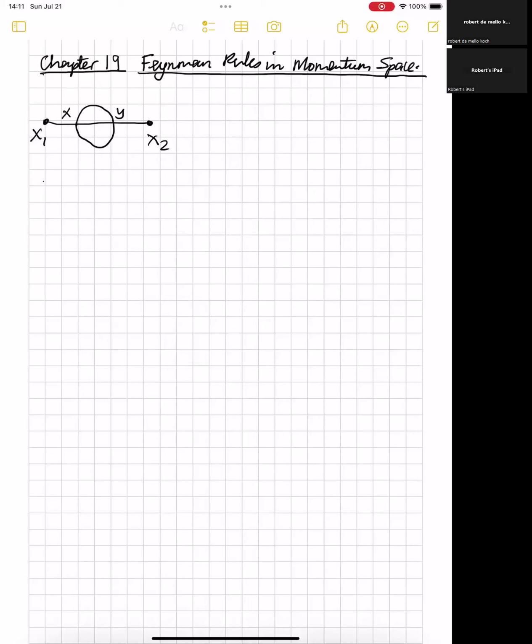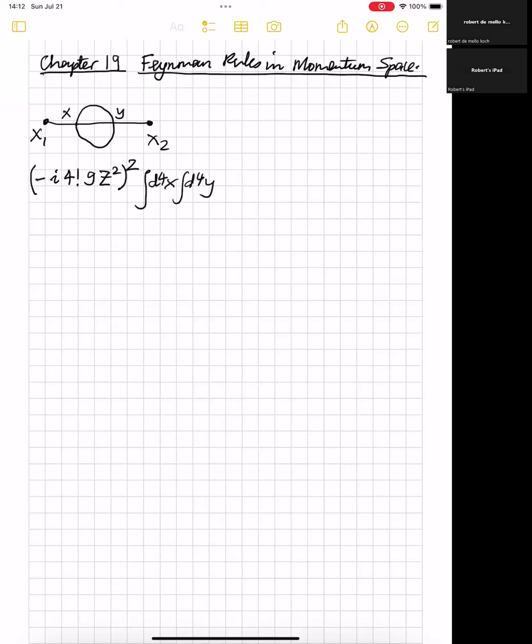So we'll need a minus i g over 4 factorial, and then we'll have a factor of Z squared. Remember, because now we've written our Lagrangian in terms of the physical field, and this will be squared because we've got two vertices. Then we need to integrate over the positions of both of those vertices. So we'll have a d4x and a d4y.